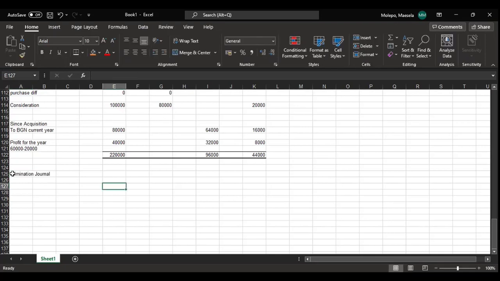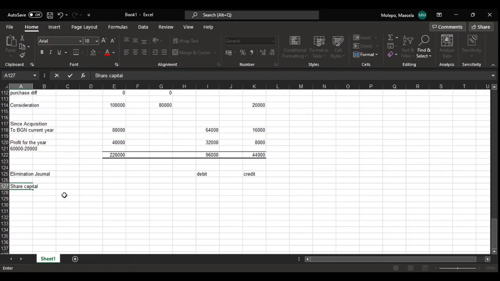So, the elimination journal. It will be debit, credit. We have share capital on the debit side, 100, and then goodwill is 0.